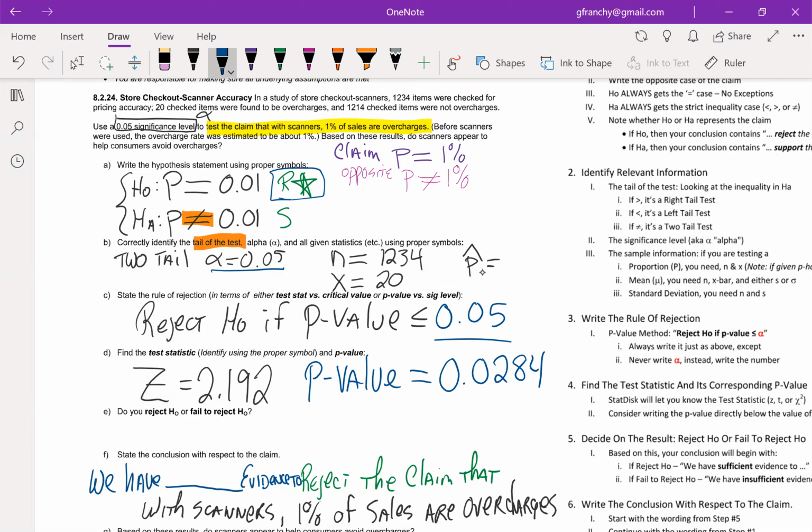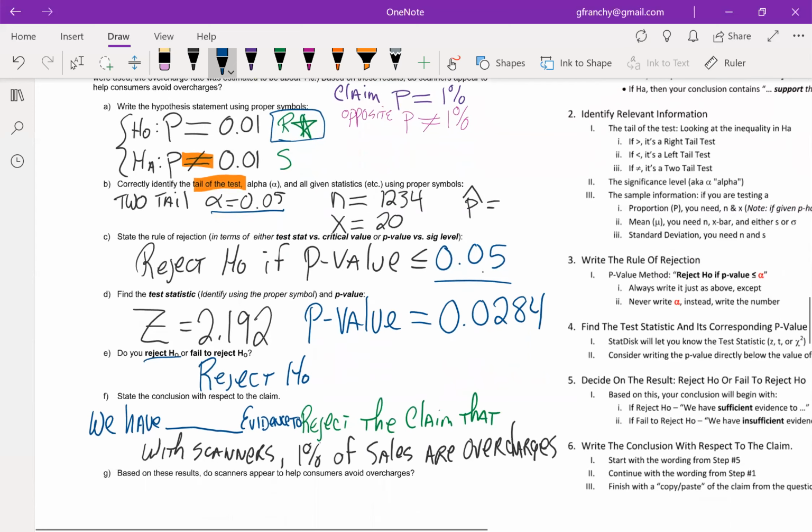So our p-value was a little bit under 3%. Is 3% less than 5%? Yes, it is. So we said we'd reject the null hypothesis if our p-value was below 0.05. So we do indeed reject the null hypothesis. And when we reject the null hypothesis, we have the evidence.